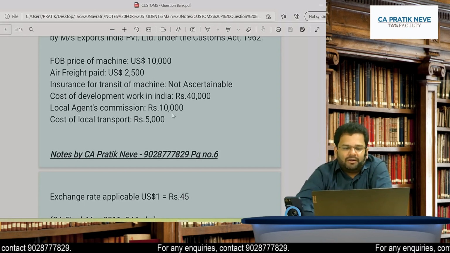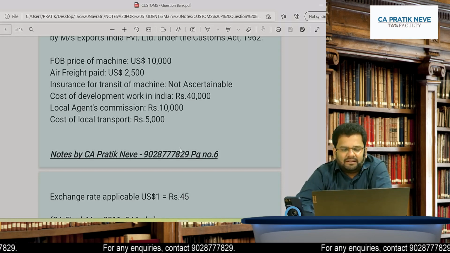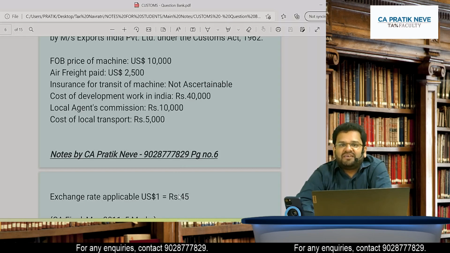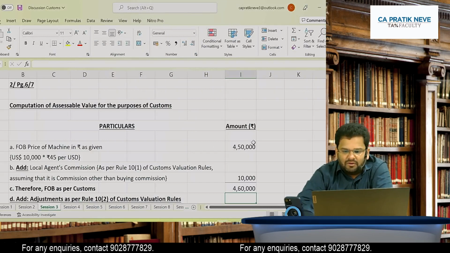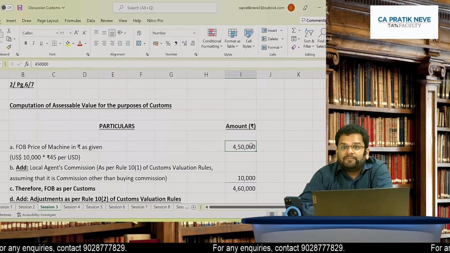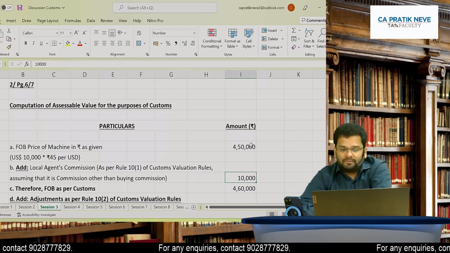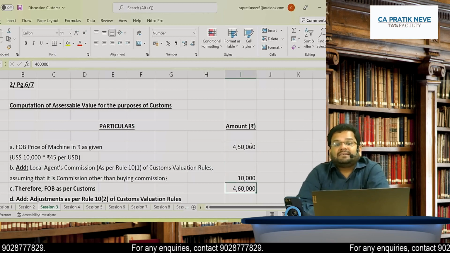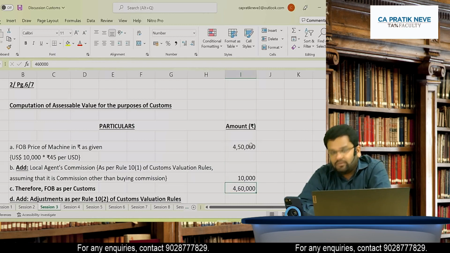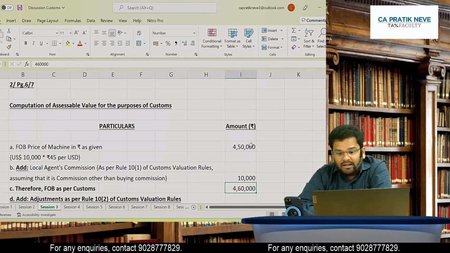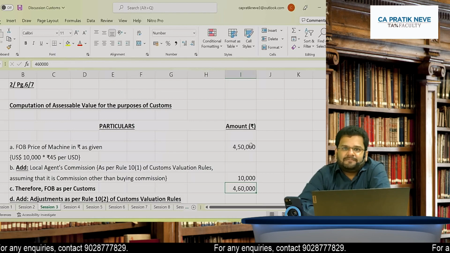So convert the dollars into rupees. Take on your calculator 10,000 into 45: 4,50,000. Then do the adjustment of 10.1, rupees 10,000. Then you get 4,60,000. Friends, what is 4,60,000? Very good, Ketki. It is FOB, but FOB as per customs.